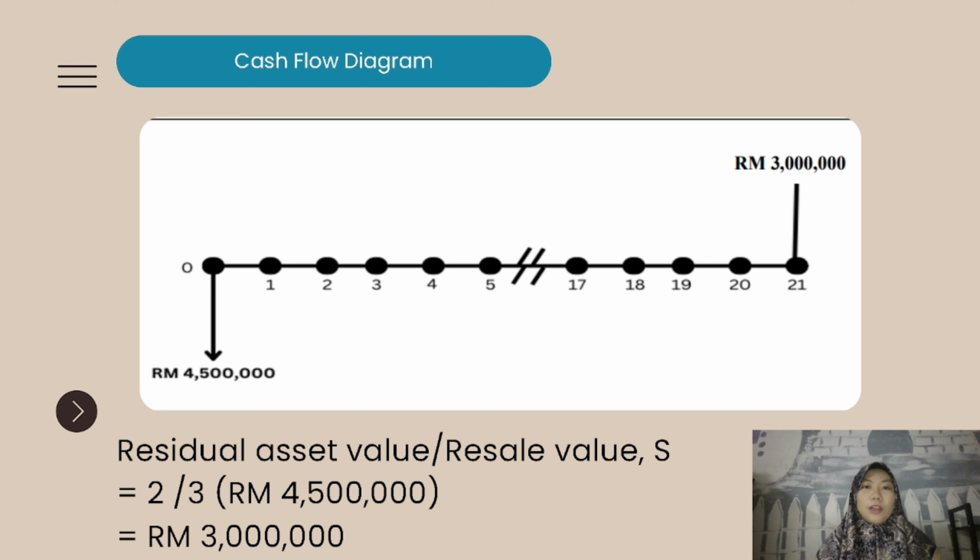The resale value of the cranes is 2/3 of the cost of 4.5 million, which is 3 million. So after 2 years, we will sell both cranes at a price of 3 million.